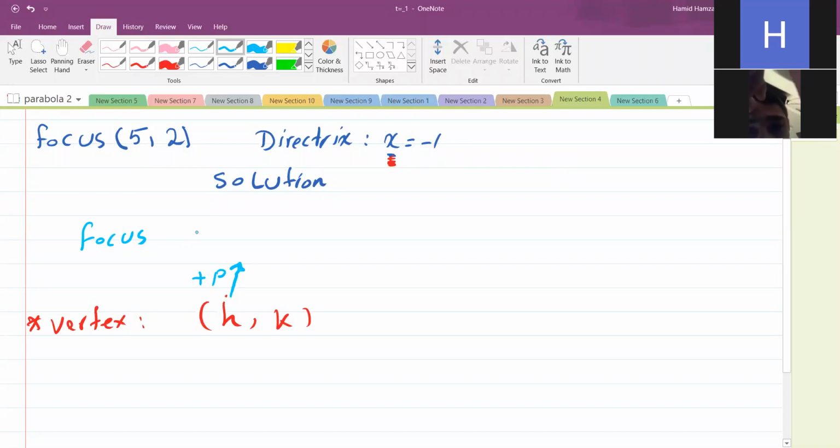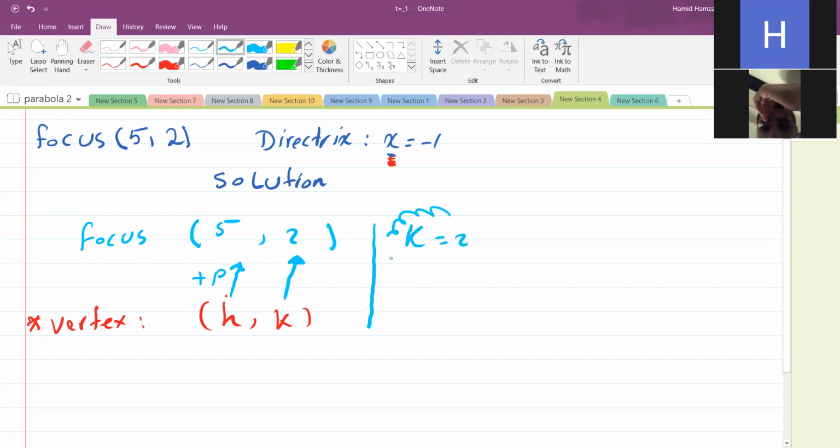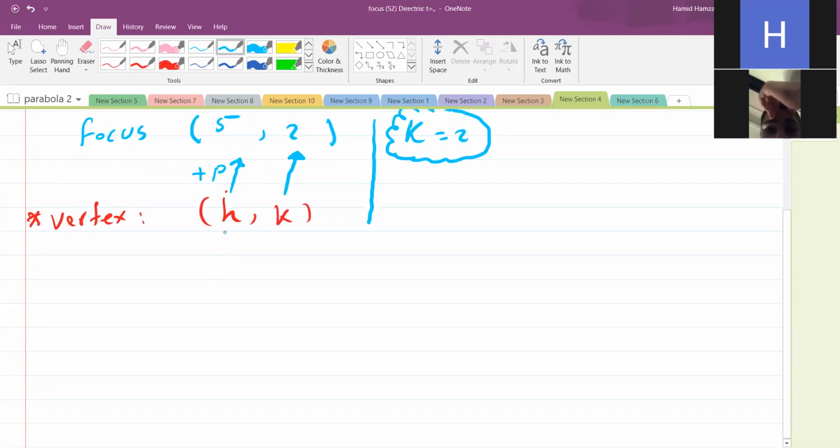Okay, so the focus here is 5 and 2. Let's compare between these two parts. So K will equal 2, and H plus B equals 5. Please be silent, please. So K equals 2. This is the first part which I wanted to know. Let's go back and complete here. If you subtract B from this part, you will get the directrix.